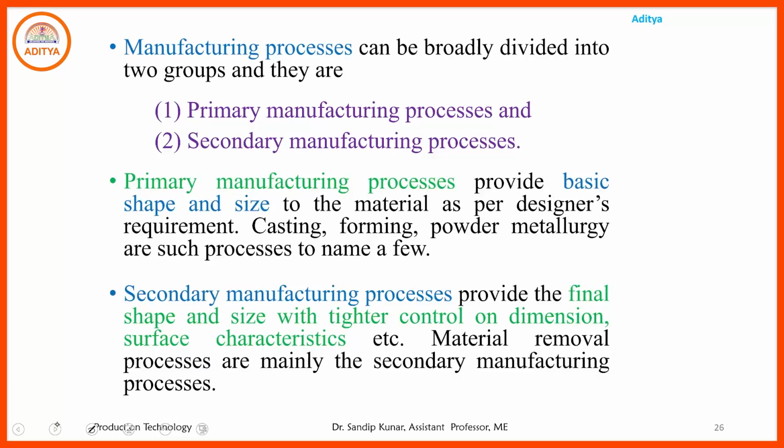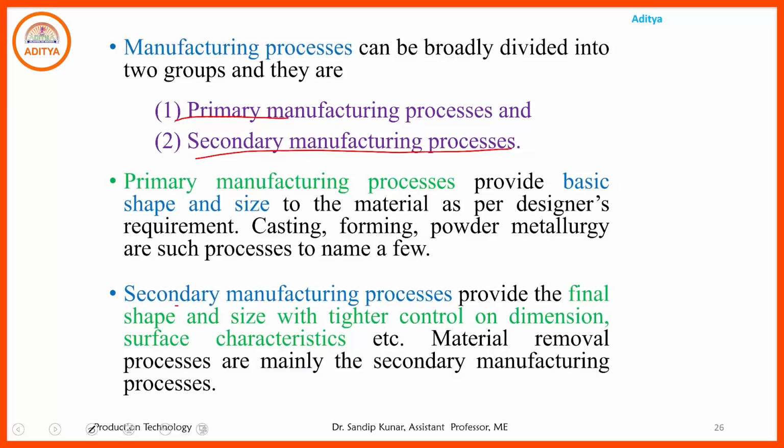In general, manufacturing processes are of two types: primary manufacturing process and secondary manufacturing process. In the primary manufacturing process, they provide the basic shape and size as per designer requirements. Casting, forming, powder metallurgy produce the basic materials.